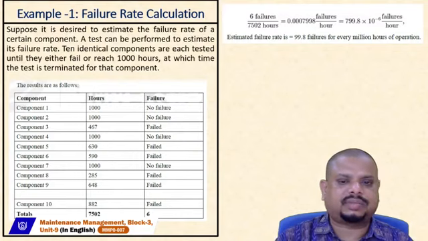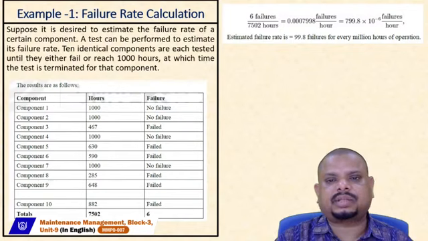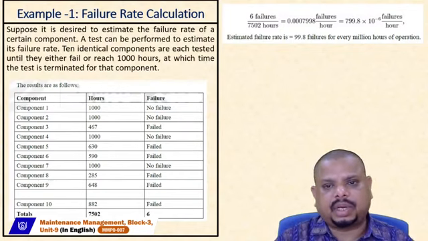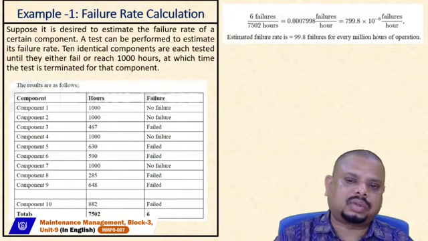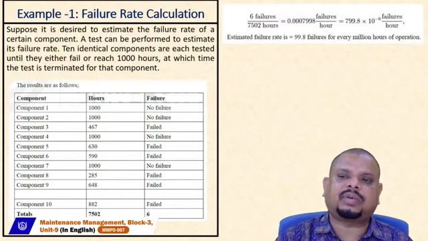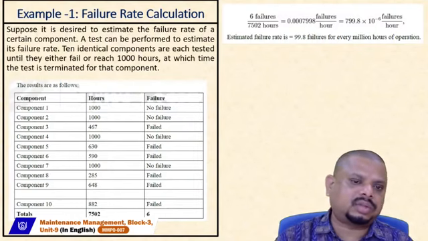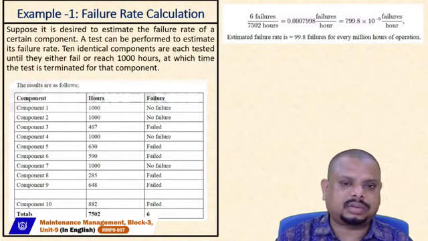So there are a total of 6 failures. 6 failures divided by 7,500 total hours of run equals 0.007998 failures per hour. If you convert this, it is 799.8 times 10 to the power minus 6 failures per hour. So the estimated rate of failure is 799.8 failures for every million hours of operation. This is the way to calculate the failure rate for a specific department that has a number of identical components.